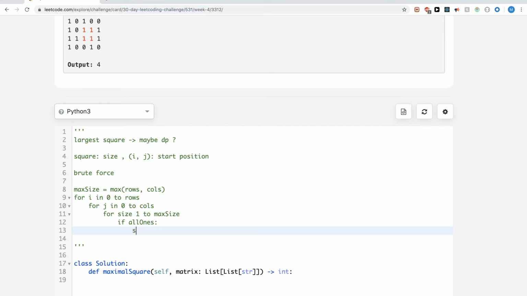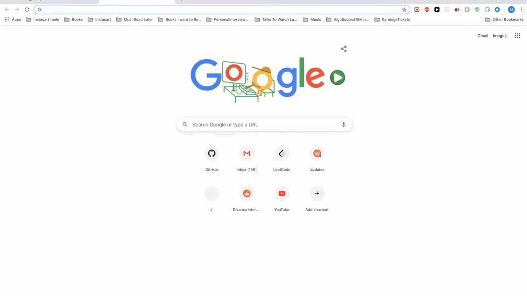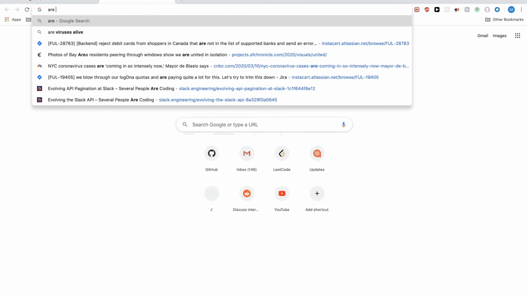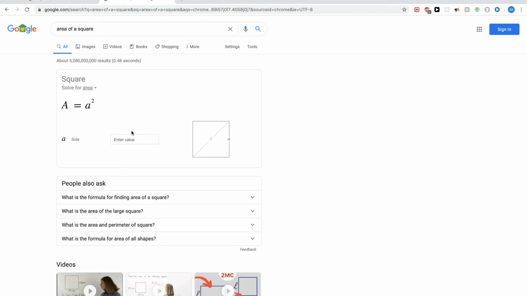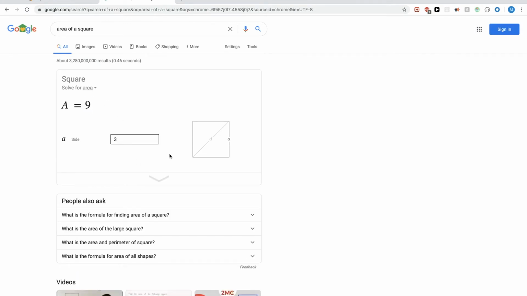It would be size squared, size multiplied by size, because the area of a square, let's say 3, it's 9. So you get the idea.